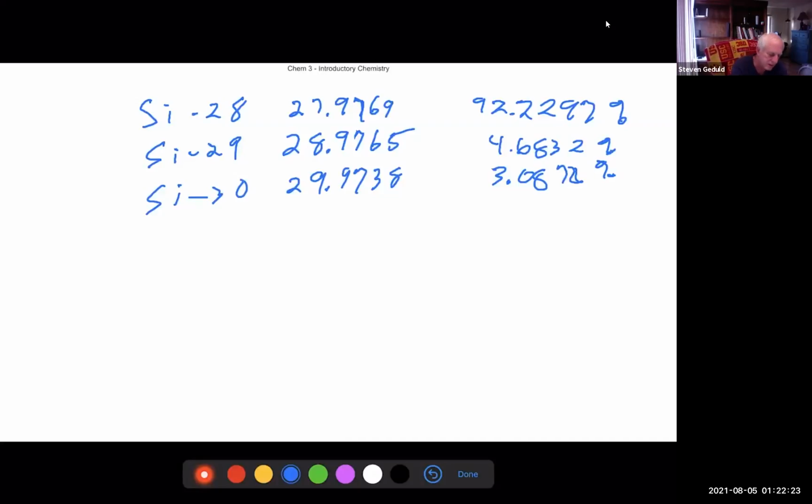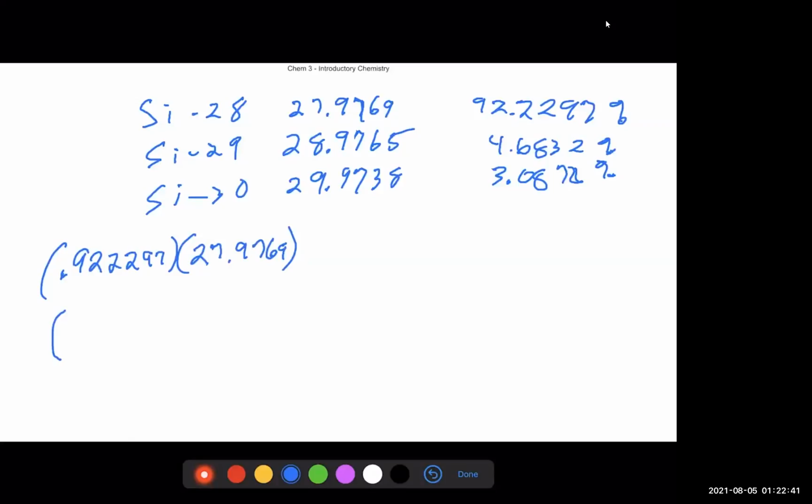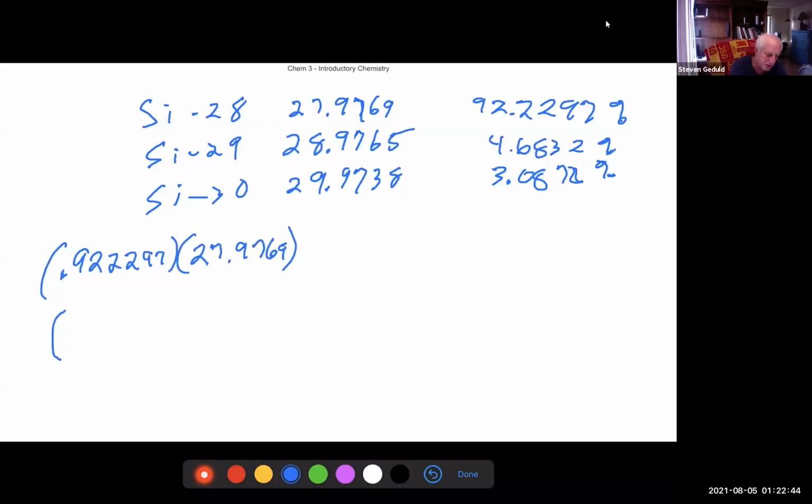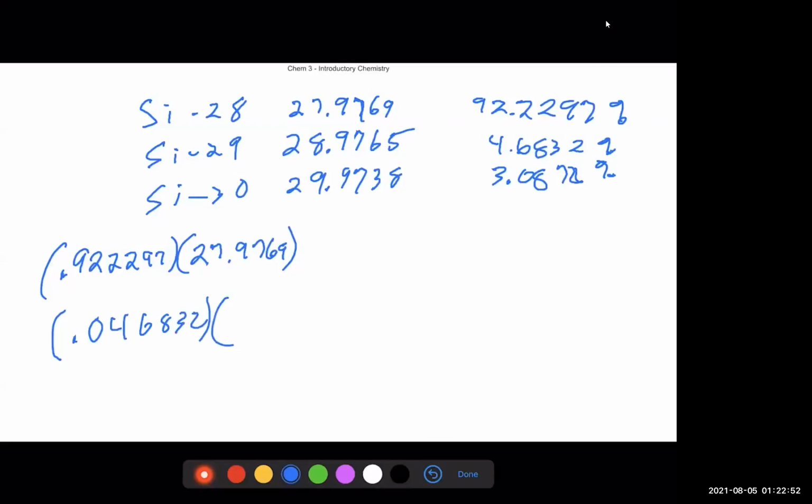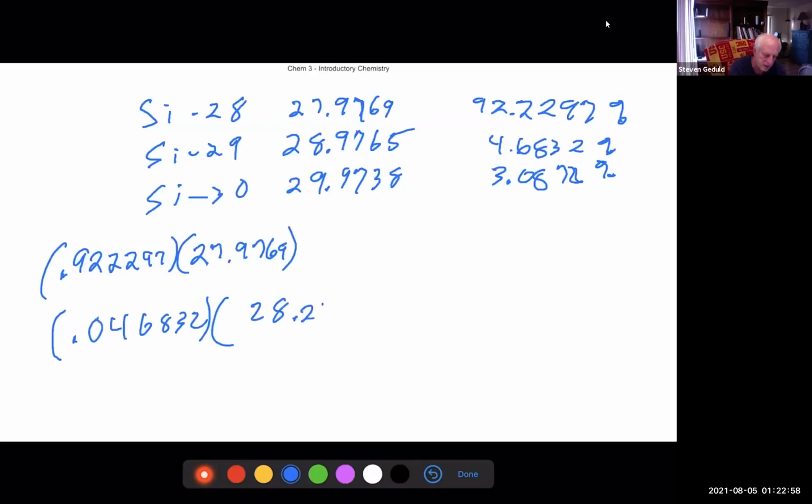So you'd have 0.922297 times its mass, 27.9769. Then 4.6832, moving the decimal 2 places, is 0.046832, and that mass is 28.9765.